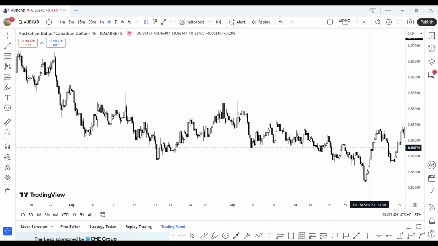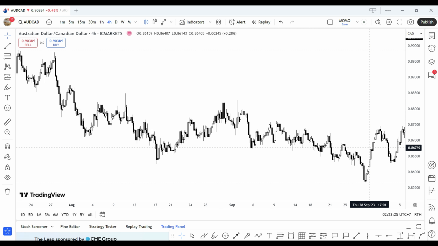Now let's move to the chart and learn how to mark our extreme trading zone and our potential change of character. And also we are going to review how to mark our lower high, lower low, potential change of character, minor change of character, and break of structure.